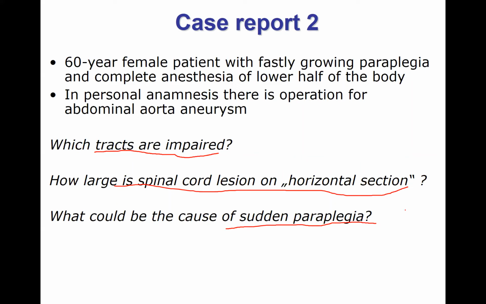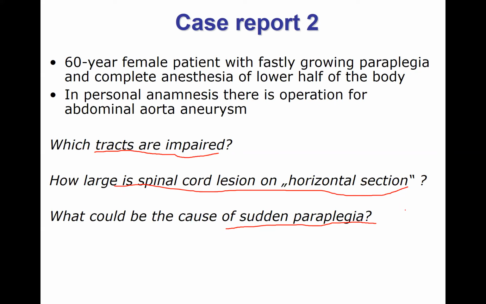There's a question, is it possible to sense this lesion on physical examination? You ask about the first case report? Yeah, you are able to find out the level, and you can think what it is, but you do not know if the expansion process is a bleeding or a tumor, and which kind of tumor.